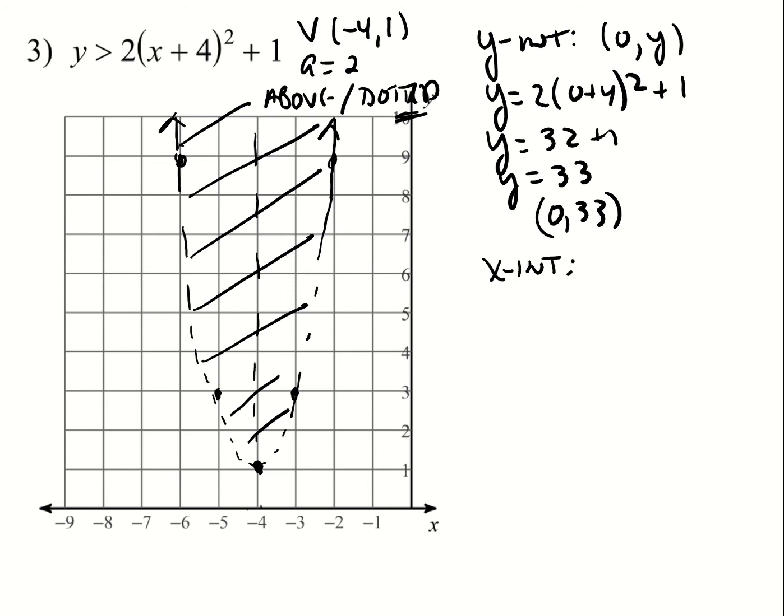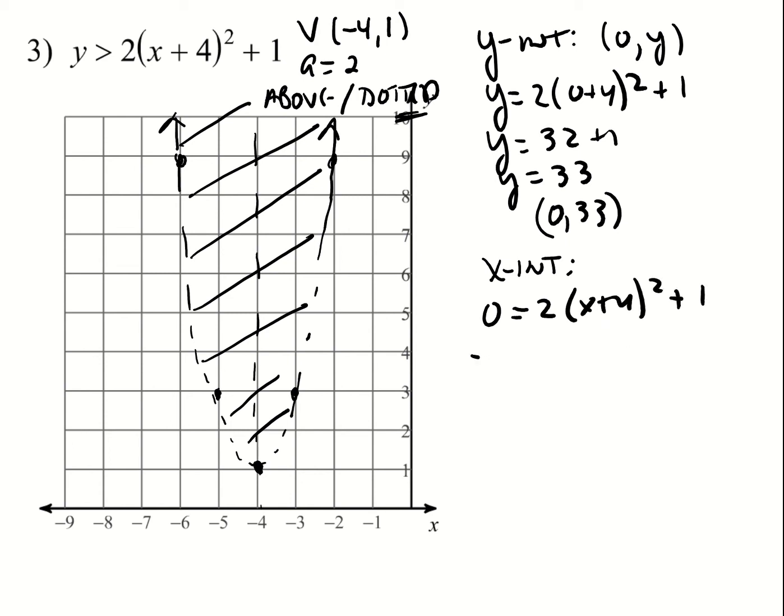And then we want to get the x-intercepts. Now, I know there are no x-intercepts, but let's say if I wanted to get the roots, I know I'm going to have imaginary solutions for my roots. I could find those. If I plug this in, I'm going to get 0 equals 2 times x plus 4 squared plus 1.